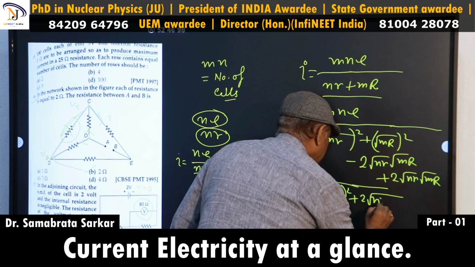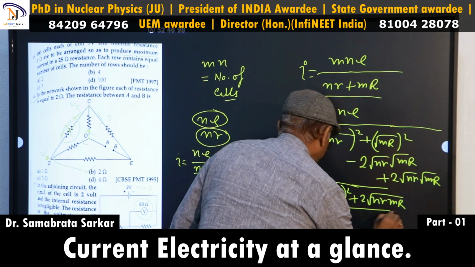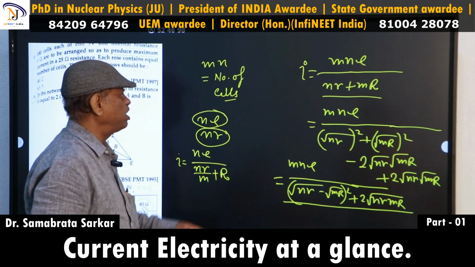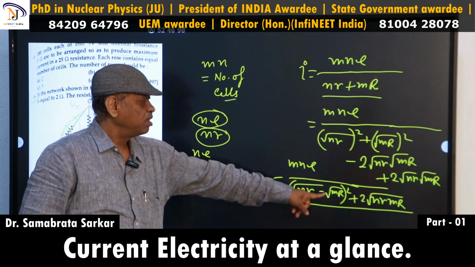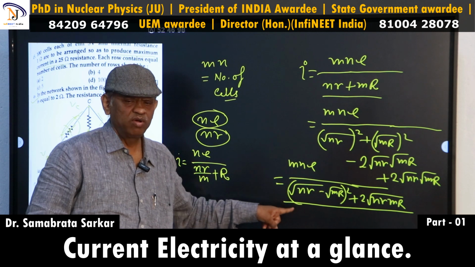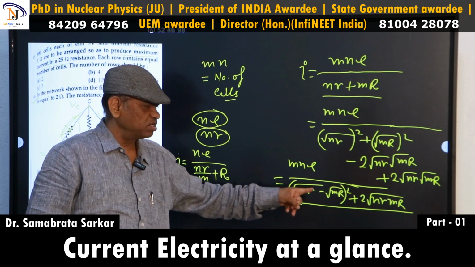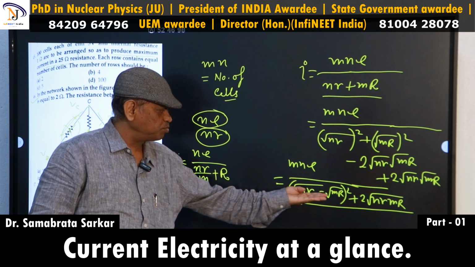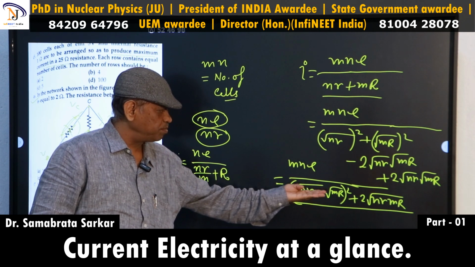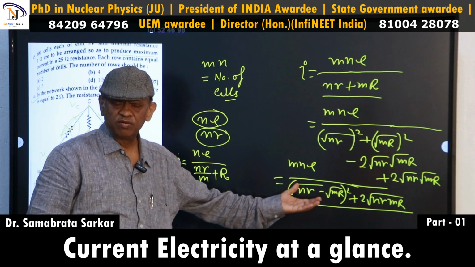and then twice NR MR. I will be maximum when this is minimum, when this is 0. If it is positive, plus 1, plus 2, then it will be larger. Only 0 is the smallest value.